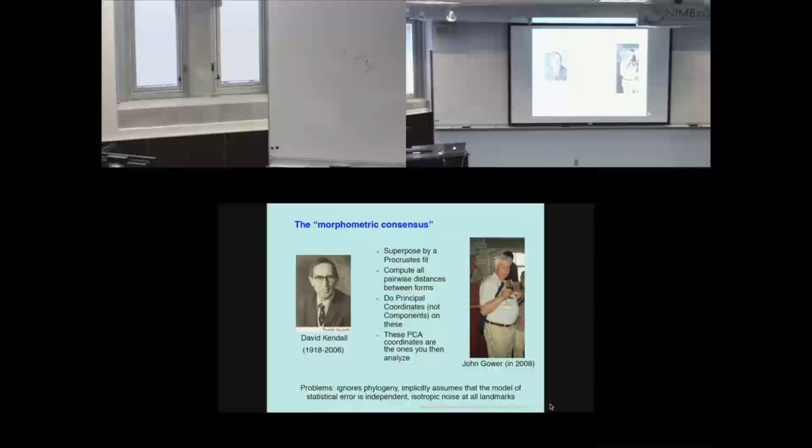Now, if you think about it, principal components usually work by having a cloud of points in space and you put axes through them. But if I take that whole cloud with the axes through it and I rotate it or I translate it, that shouldn't at all affect which axes I choose.